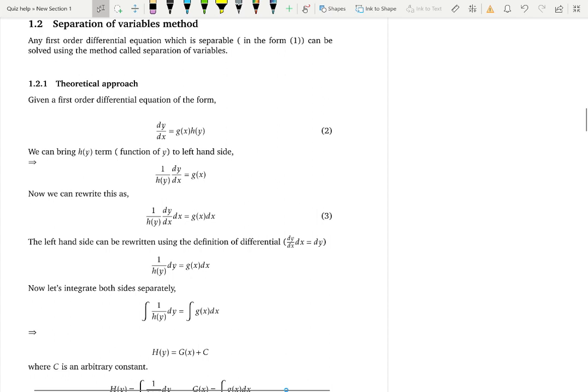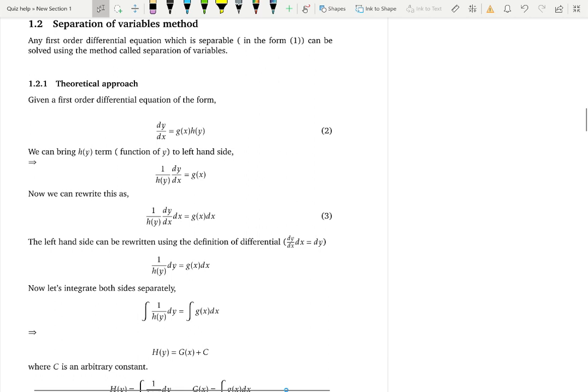So what does that mean? Usually these first order differential equations have two variables, right? That is what you have seen up to now, y and x, for example. The goal of this method is to first separate these variables on the two sides of the differential equation.